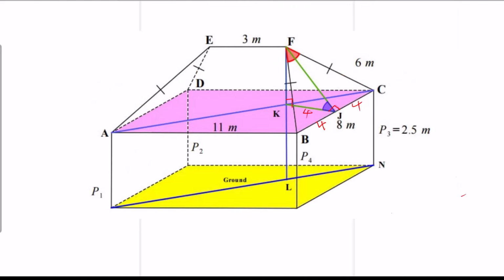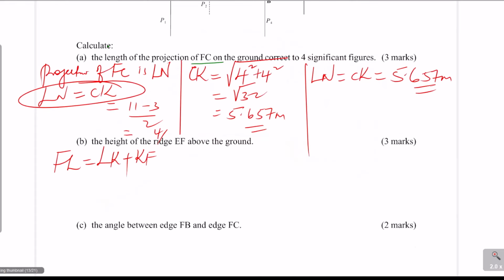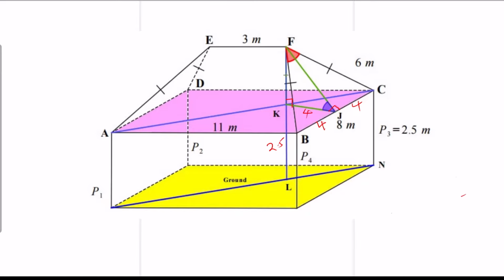LK is the same as NC, so LK is 2.5, plus KF. Now we need to get KF. We don't have that measurement.